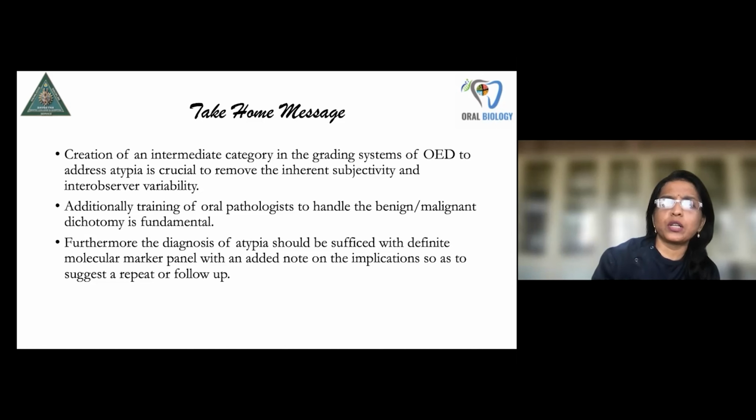The most important thing is to identify them at the right time. So creating the intermediate category has to be very, very clear, and the patient should know that they are in the risk category. We should be able to clearly state that this is the status, this is the kind of follow-up needed, and this is the kind of treatment needed.